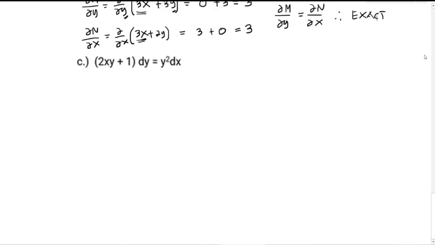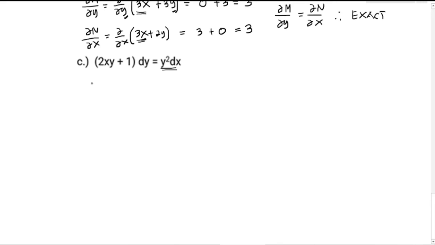For letter C, as shown, our equation is not written in the standard form, since our dy is on the left side while the other term is on the right side. So we are going to rewrite the equation into the standard form. Hence, we are going to transpose our dx term to the left side.